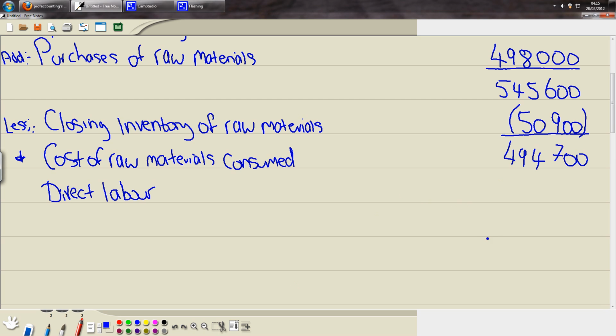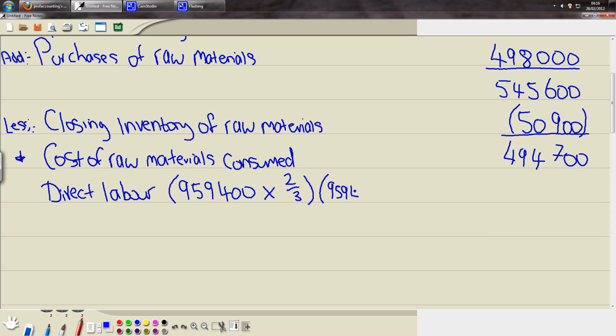So the total cost of the labour was 959,400, and 2/3 belongs here. So we find 2/3. You can do this times 2/3, or I'll do the bracket. I'm just going to show you the other way of writing it.